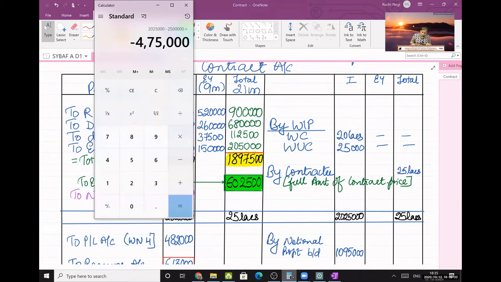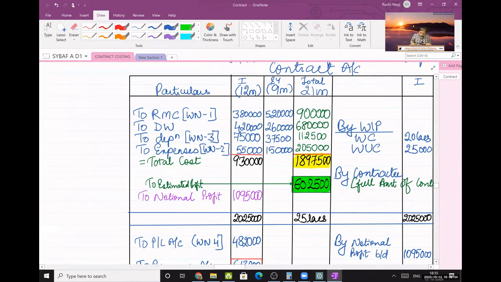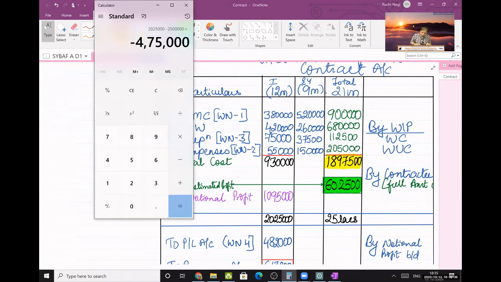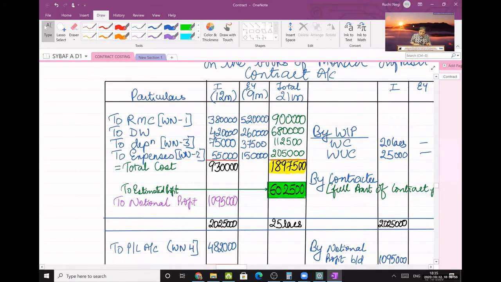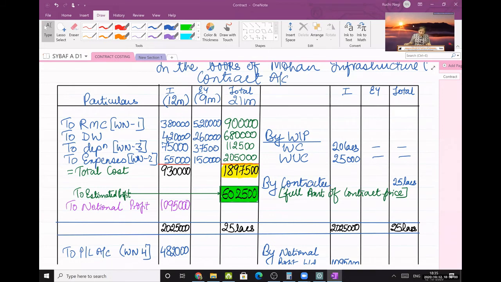On the debit side of the first year you have 3,80,000 plus 4,20,000 plus 75,000 plus 55,000. So 9,30,000 minus the credit side 20,25,000. So 10,95,000 is my notional profit.